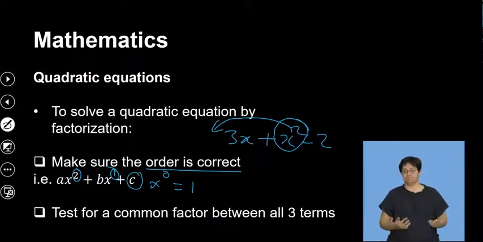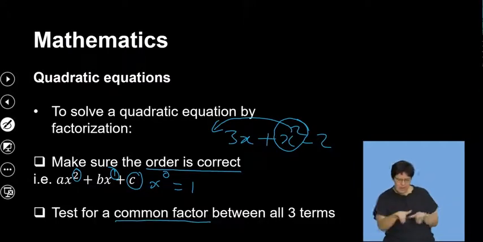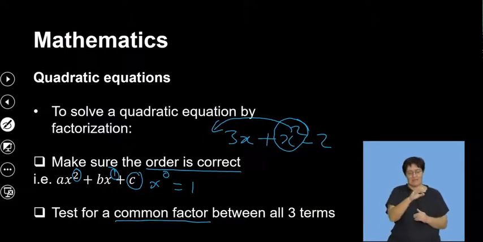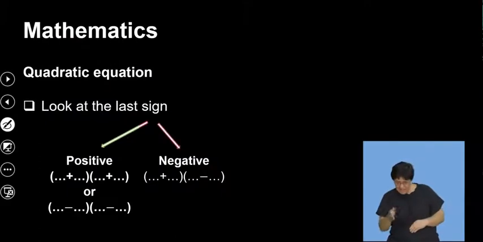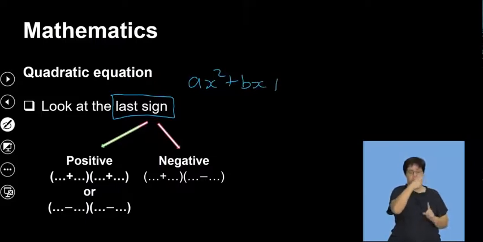That's what the descending order is about. Then you need to test for a common factor. Can I take out a common factor from the terms that I have? If yes, do that and then factorize after. But if you cannot take out a common factor, or even after you've taken out the common factor, you then look at the sign of the last term, right? So I said it's ax squared plus bx plus c.